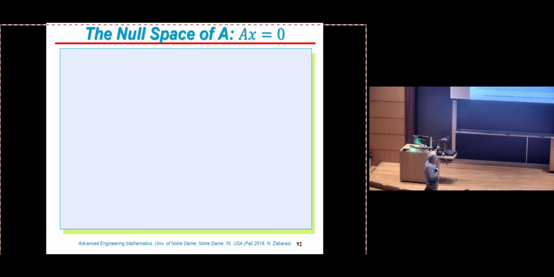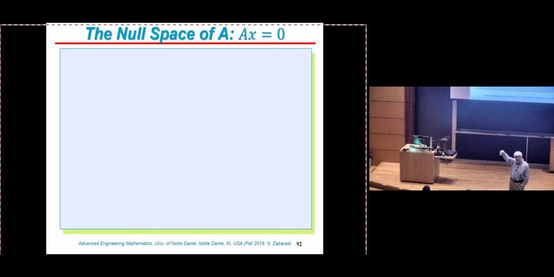Okay? Can you tell me that the null space will be a subspace of what space? Again, A is m by n. So the null space will be a subspace of R to the power n. Right?